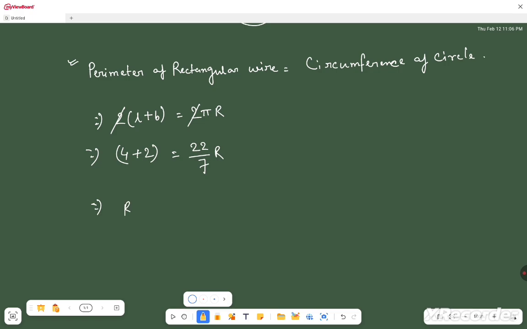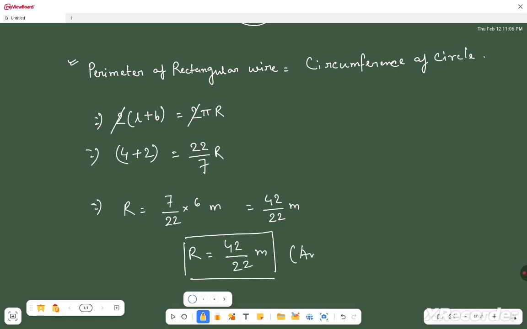That is, r is equal to 7 by 22 into 4 plus 2 is 6, meter. That means 42 by 22 meter. So radius of the circle is 42 by 22 meter. So this is the answer of this question.